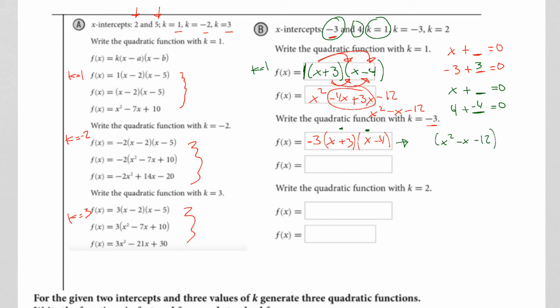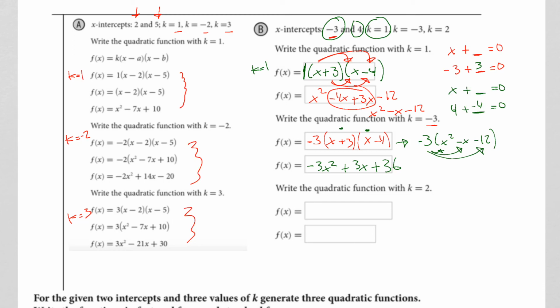All you have to do is then multiply everything by a negative 3. And when you do that, you're going to get minus 3x squared plus 3x, because a minus and a minus make a plus, and then plus 36 for the minus 3 times minus 12.